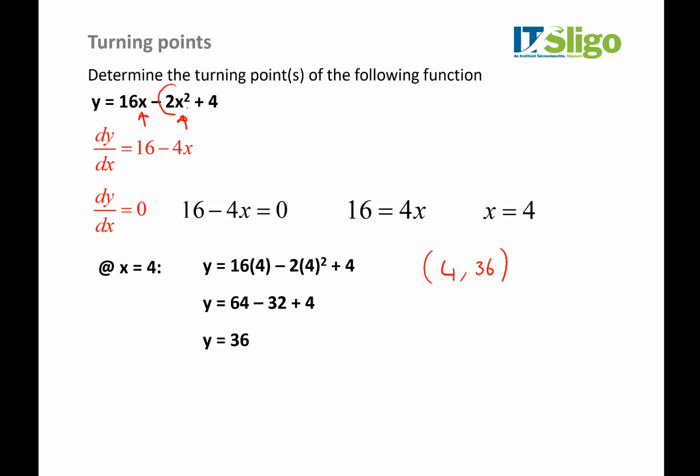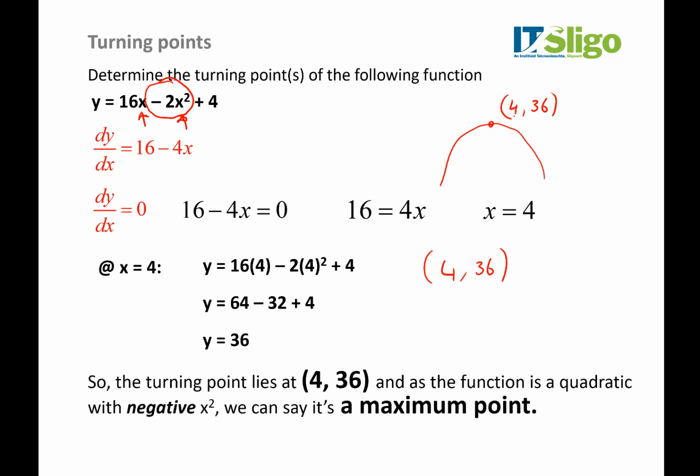Because my x squared term is negative, sorry, I should include the minus sign, then I know it's a not smiley curve. So my turning point then is a maximum point. So the negative x squared with a quadratic ensures we're dealing with a maximum point.